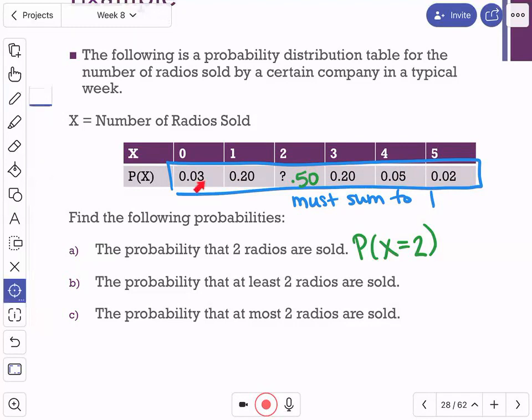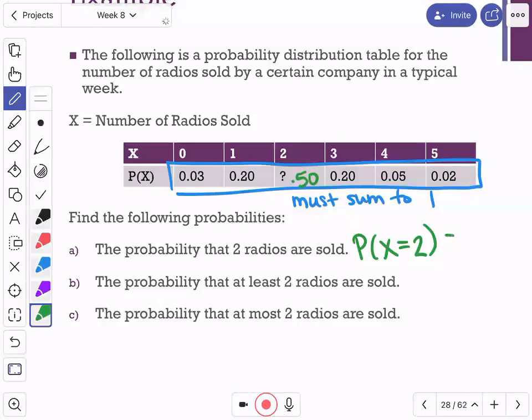So let's make sure: 0.3, 0.23, 0.73, 0.93, 0.98, 1.00. So I've given enough information here to find that value of 2, and it is equal to 0.50.